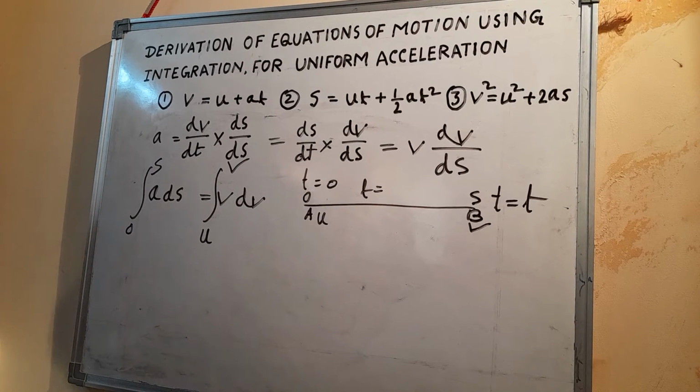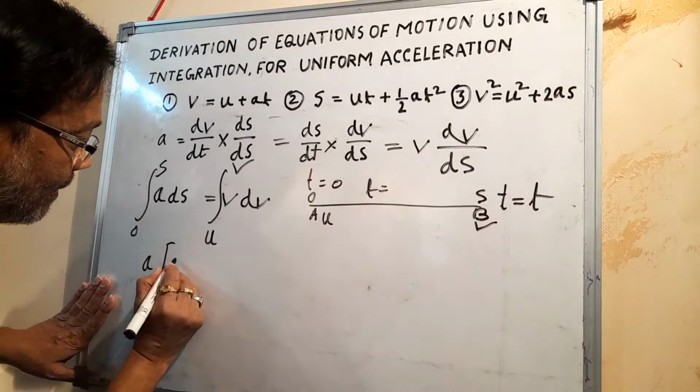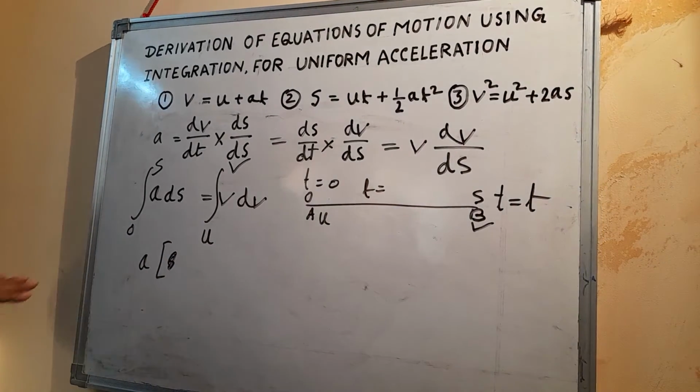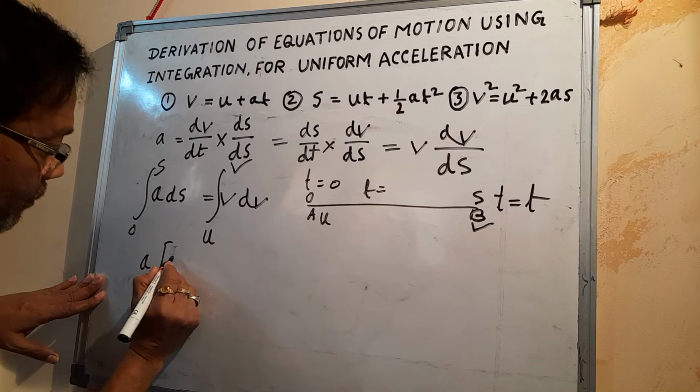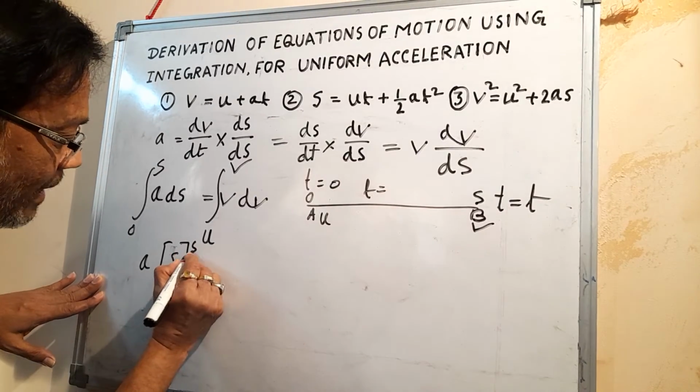Now after integration, here a is the uniform acceleration, so a is constant. The integral of ds will be s, so s changes from 0 to s.